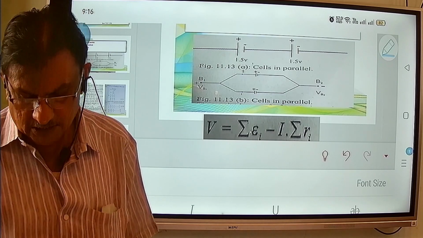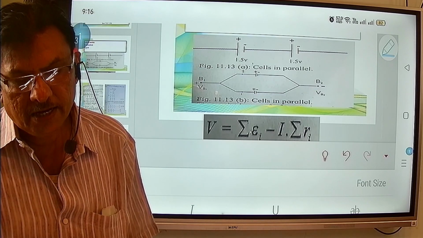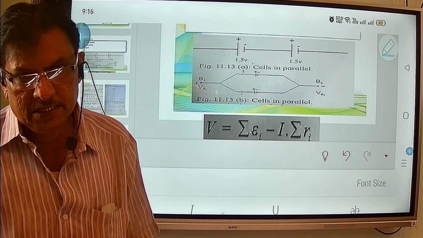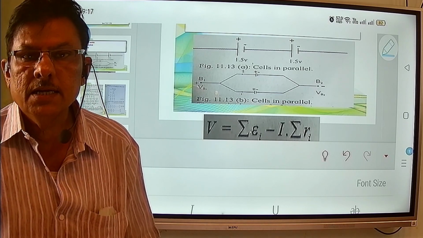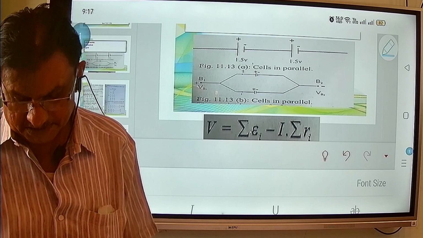Got it? So this means that the voltage value can be increased by connecting a number of cells in series.